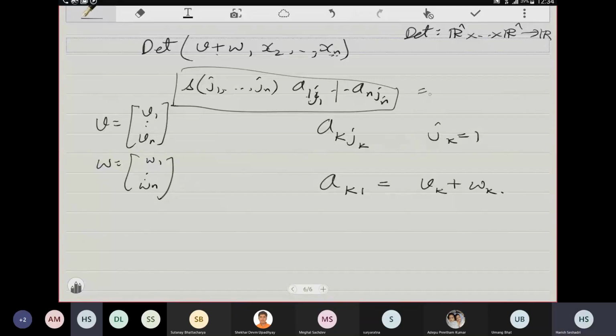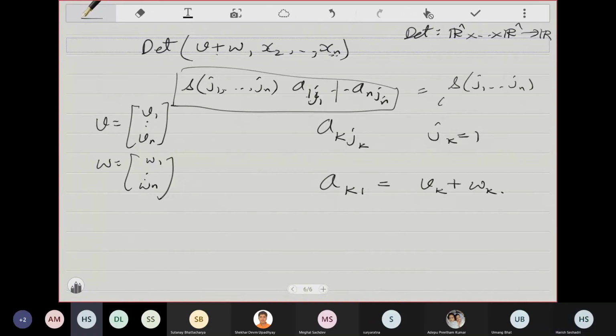So each term will split as a sum. This will become ε(j1, ..., jn) a_{1 j1} ... Vk ..., and a similar thing with Wk. It's kind of messy to write down all these things.